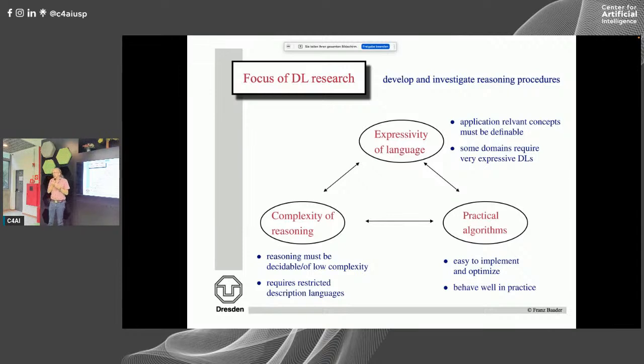And of course, it's also nice if they are easy to implement. It doesn't take years to find a good implementation, but it's relatively easy to do. So that's actually what we are trying to do. We're trying to find a good compromise between expressivity and complexity. And then if we have found a language that gives a good compromise, we want to get these practical algorithms.